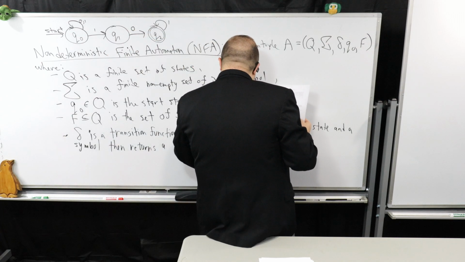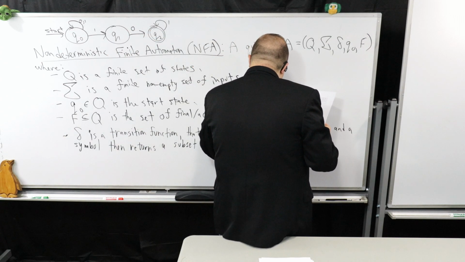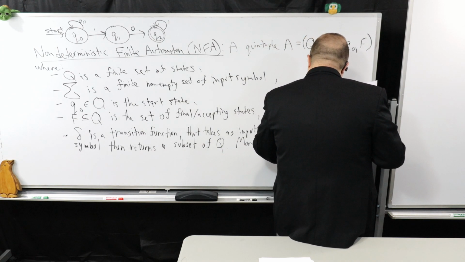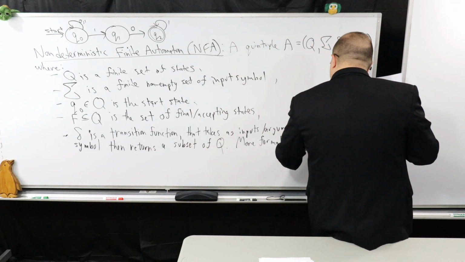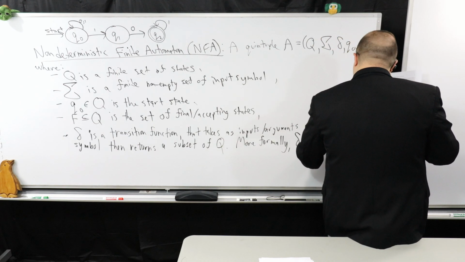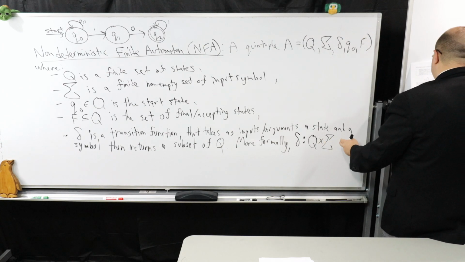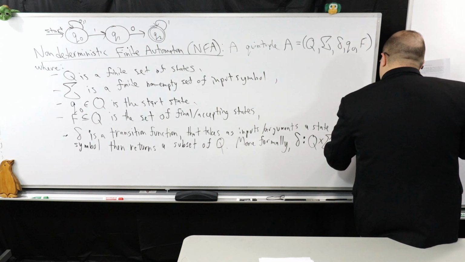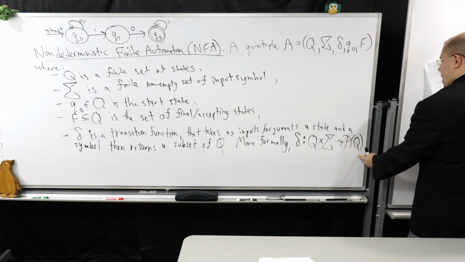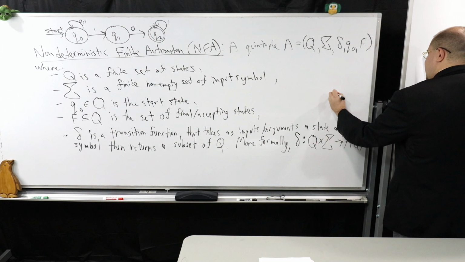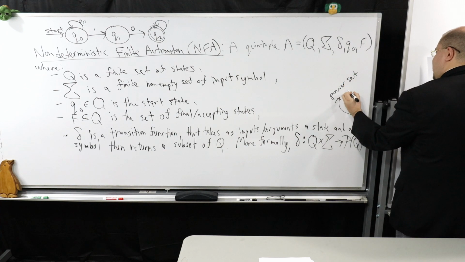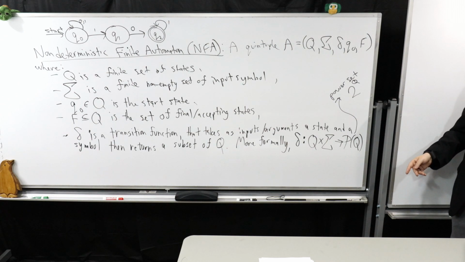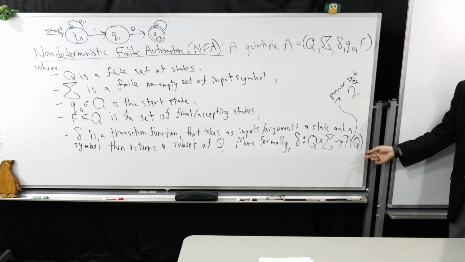In formal terms, or more formally, delta is a function that takes a state and an input symbol, and it gives you some element of the power set of Q. Some people also write this as 2 to the Q. So this is the power set.